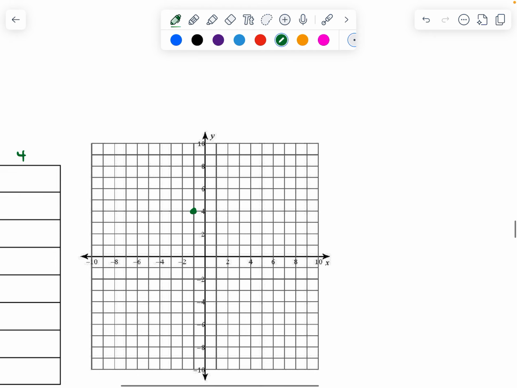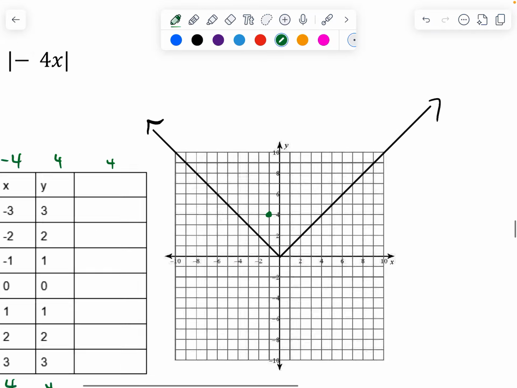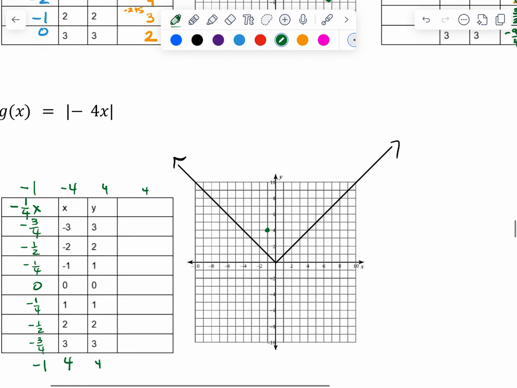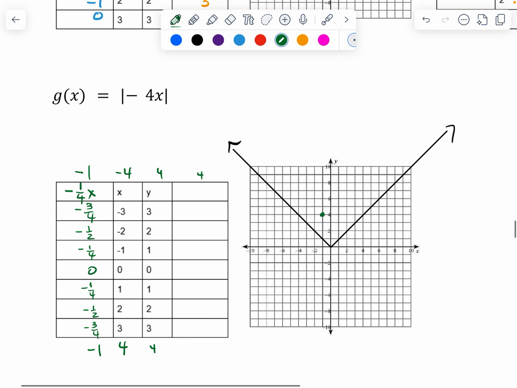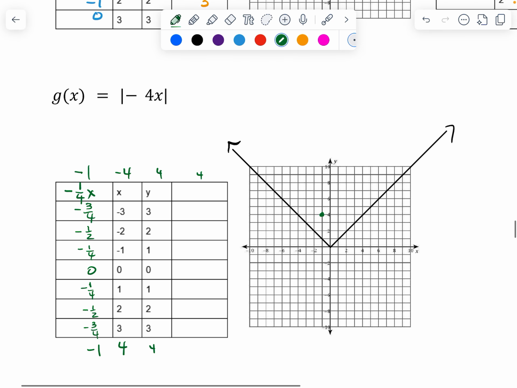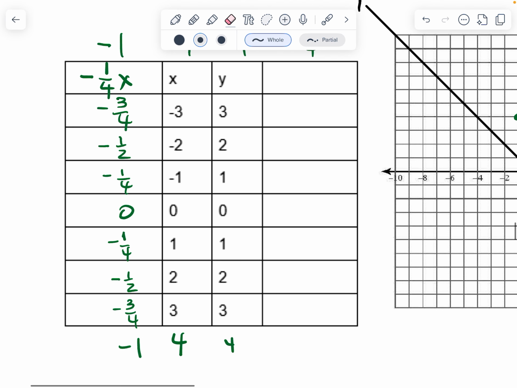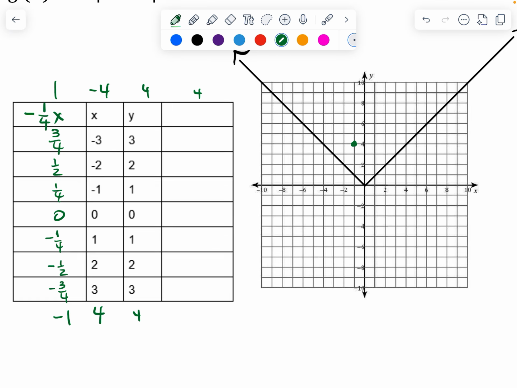Oh, I forgot to do my parent graph. Okay. And -1. Who wants to yell at me? You should be positive. I'm sure somebody caught me in that.